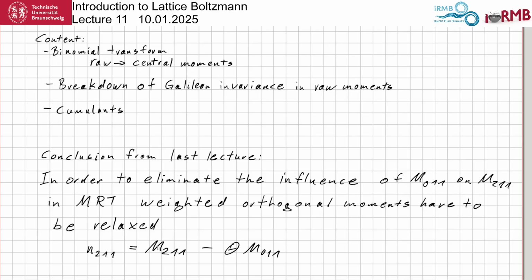Anyway, there are also other problems that we can see in 2 dimensions with this, and this is a little bit what we are going to see today. But as a caveat in the beginning, I have to say that you really only see the real difference between MRT, weighted MRT, and cumulants that we are looking at today only in 3 dimensions.